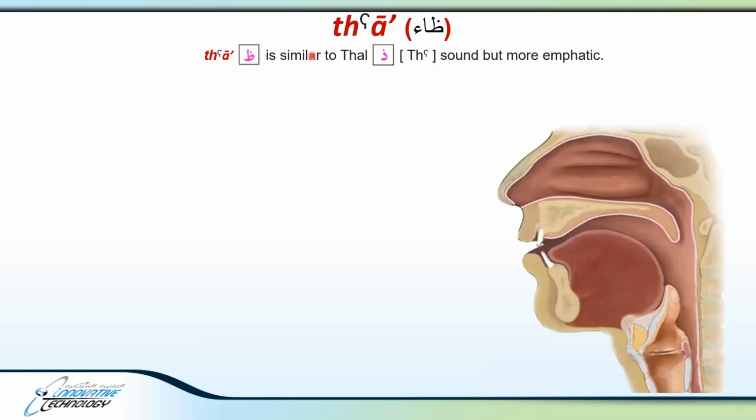So, how to learn how to pronounce the va. Va is similar to the val, th sound, but more emphatic. The tip of the tongue is brought together with the edge of the upper incisor teeth to produce the articulation point.